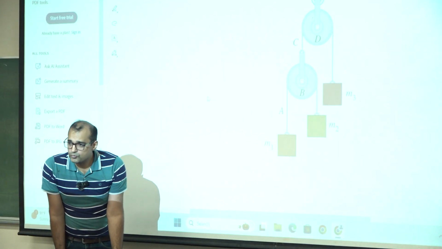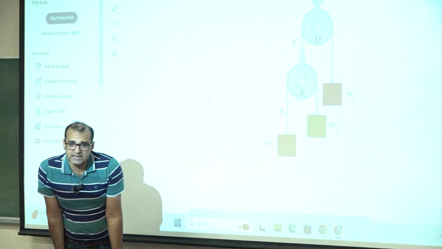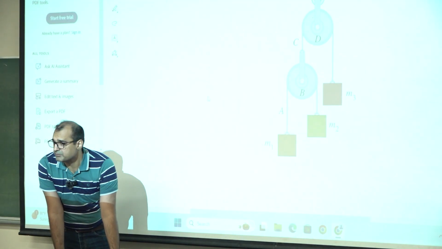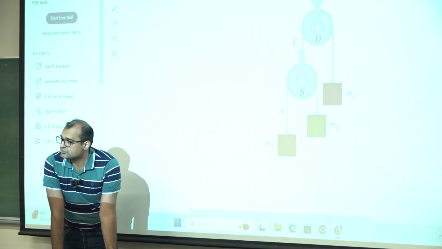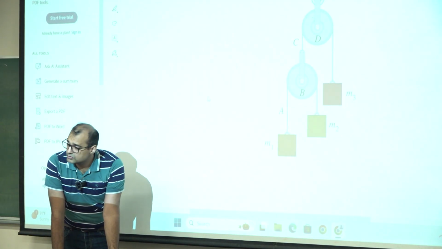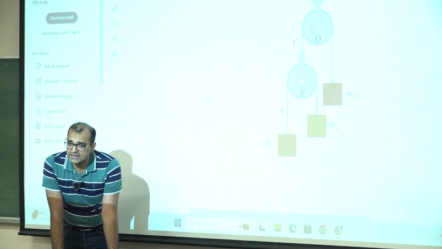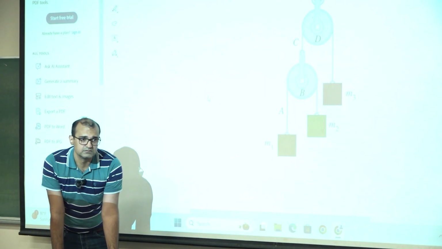M2 exerts an influence on M1 via the string. M2 exerts a force on the string and then the string exerts a force on M1. If you didn't have M2, what would happen to M1? M1 would just fall straight down with acceleration G. It's only via the presence of M2 that the acceleration of M1 will be different than G in general. So M2 is of course exerting an influence on M1. That does not imply that it's exerting a force on M1.